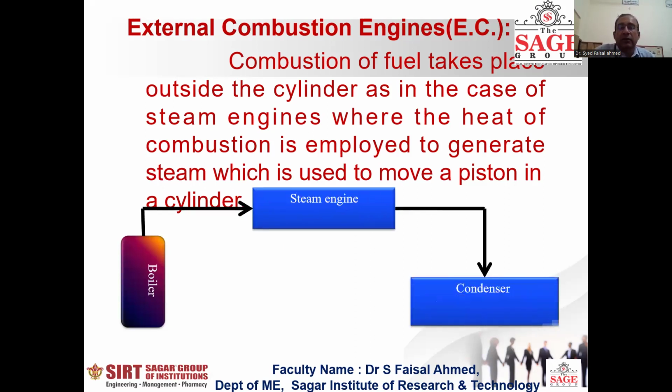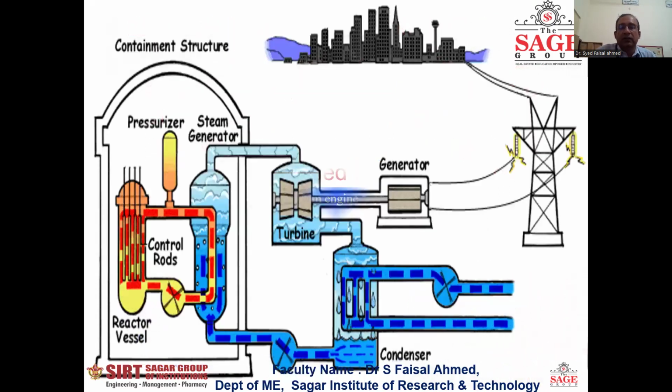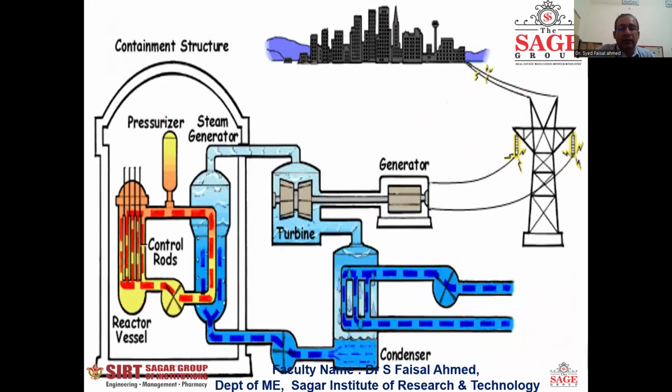You can see that there is a boiler, then a steam engine, a condenser, and a feed pump for water circulation, and then back to the boiler. So the cycle is completed in this manner. This is what is happening in a power plant. You can see here it is a fuel-based power plant.